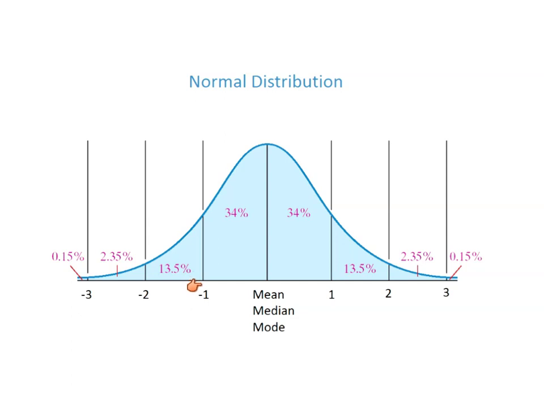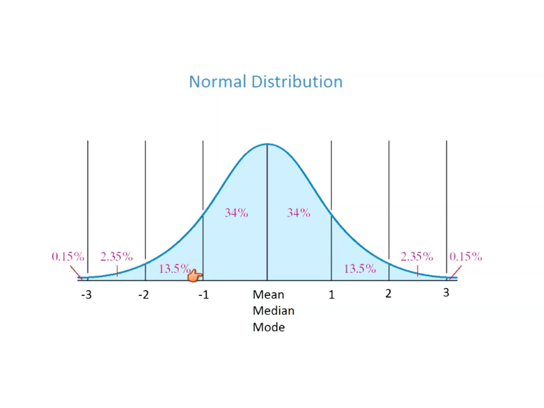You're going to find a decimal on the table, and that decimal is going to tell you the total of all of the percentages up until that z-score. So if I look up a z-score of -1, it's going to give me the sum of 13.5, 2.35, and 0.15. Okay, these 3 are going to be summed together because when I look up a z-score of -1, I'm looking for everything up to that point.